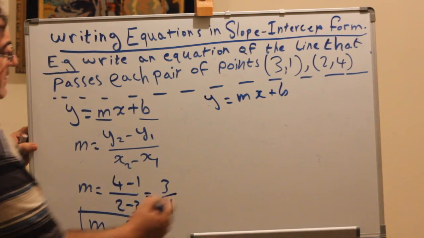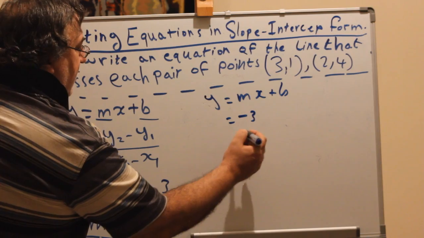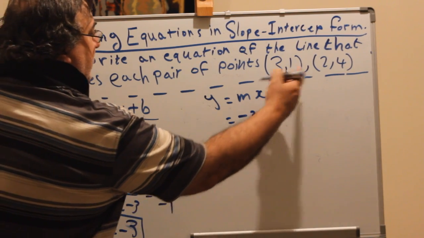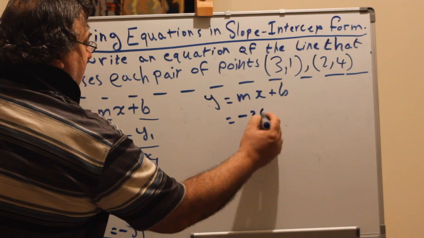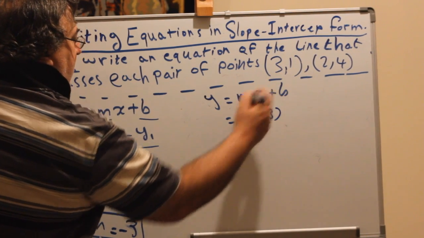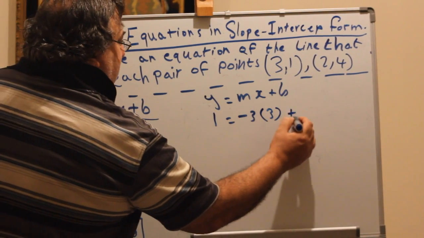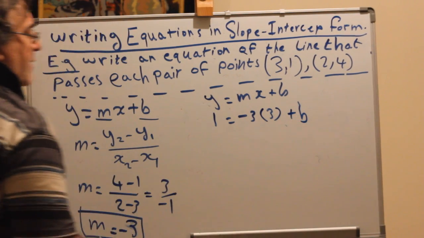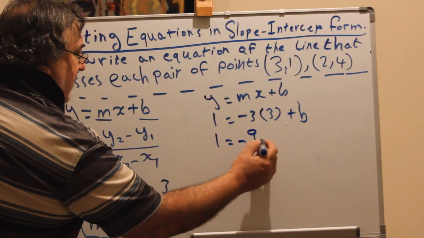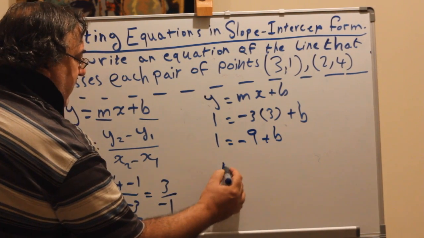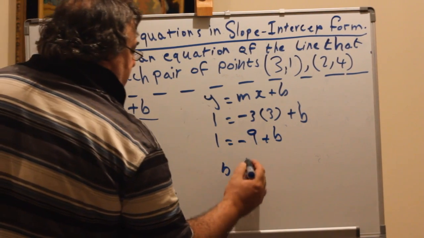The m now is -3. x and y, you can substitute any one. Let's take the easiest one, 3 and 1. So 3 is x, and 1 is y. So 1 equal -3 times 3 is -9, plus b, so b equals 1 plus 9 is 10.